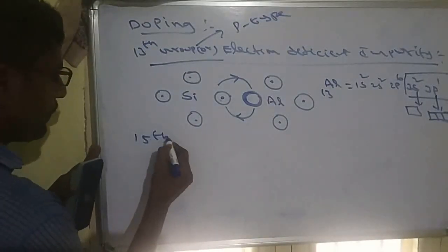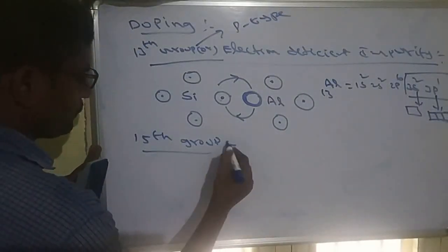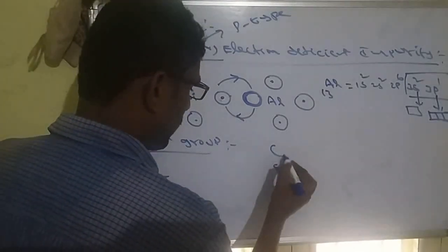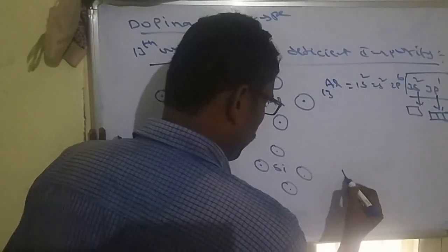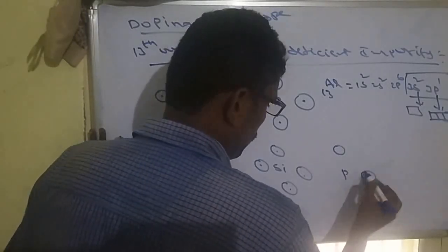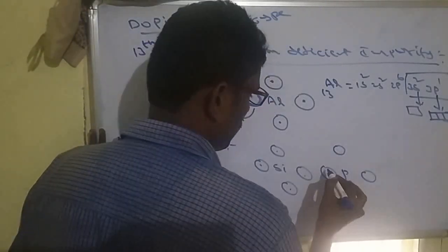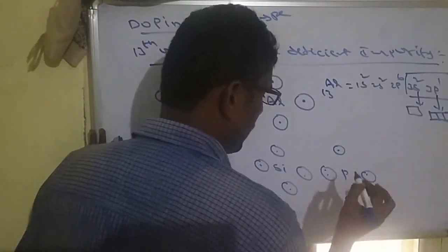If you are adding a 15th group impurity, the same silicon atom I am taking has 4 valence electrons. If I am adding a phosphorus atom, phosphorus has 5 valence electrons.